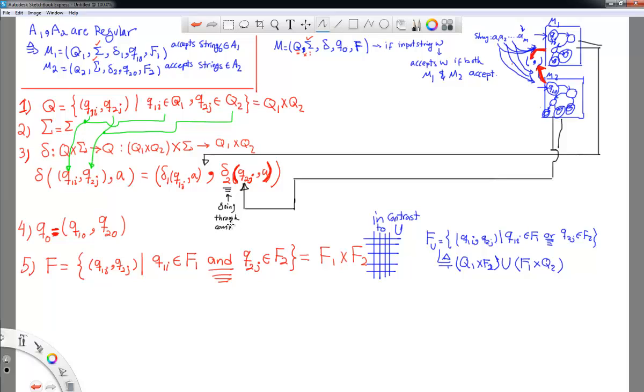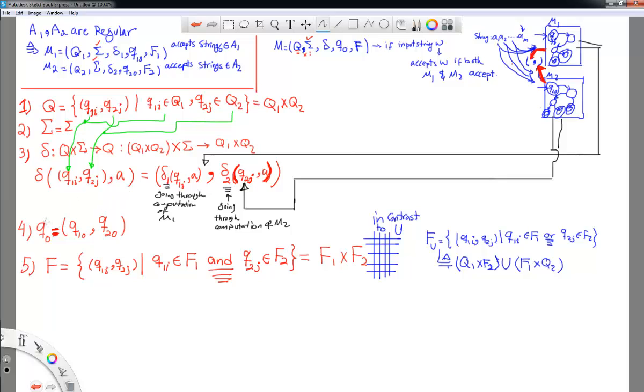This is going through the computation of M2. This is going through the computation of M1. Okay, and so that simulates the two machines.